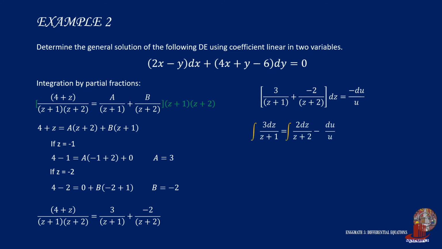The integral of 3 dz all over z plus 1 is 3 ln of z plus 1. The integral of 2 dz all over z plus 2 is 2 times the natural logarithm of z plus 2. And the integral of du all over u is ln of u, then we add the constant c.